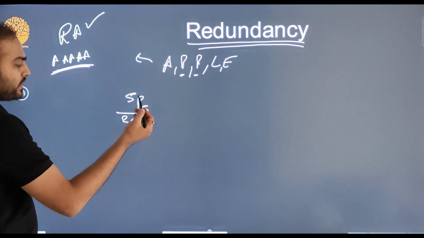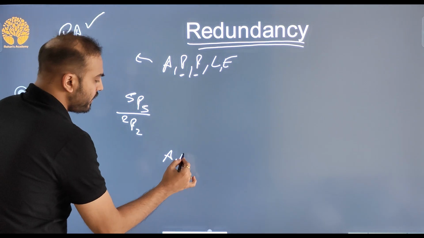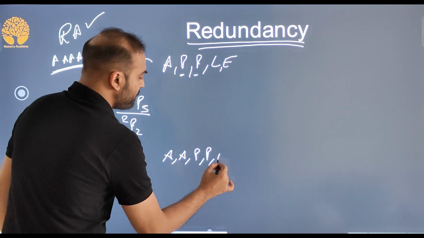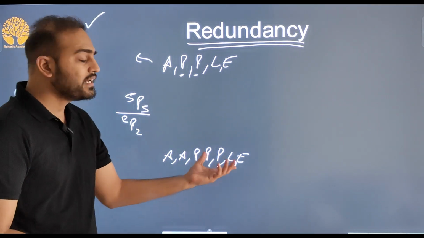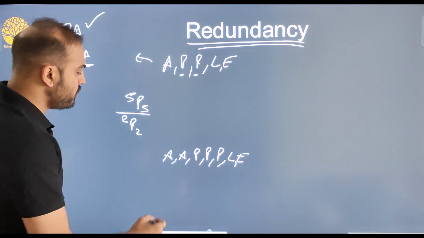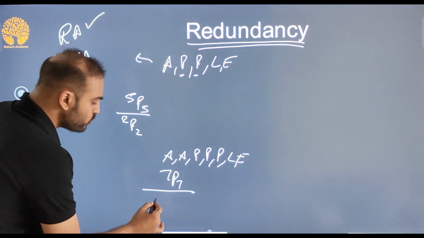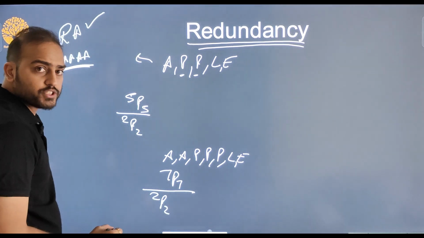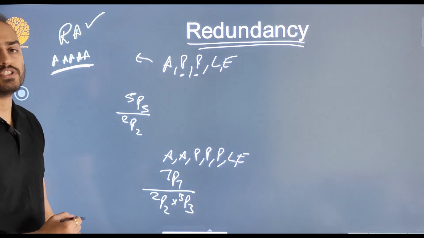Say another example. Had we had a 7-letter word and I want to make a 7-letter word out of these letters, that would have been 7p7, but two A's are creating redundancy in two positions and 3 P's are creating redundancy in 3 positions.